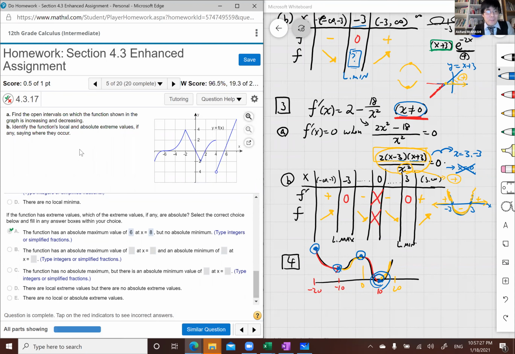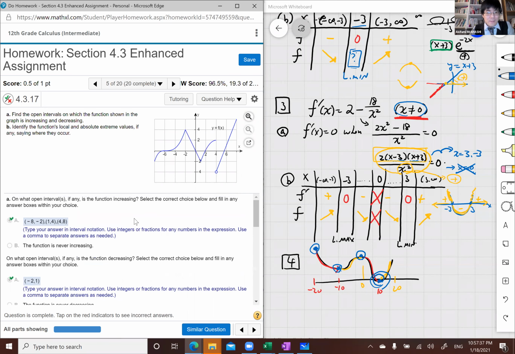Okay, now next question. Find the open intervals on which the function is increasing and decreasing. So first, where it's increasing and where it's decreasing. It is increasing from -8 through -2. -2 through maybe 1 is decreasing, and 1 through 4 is increasing.